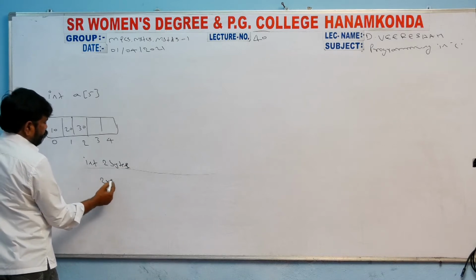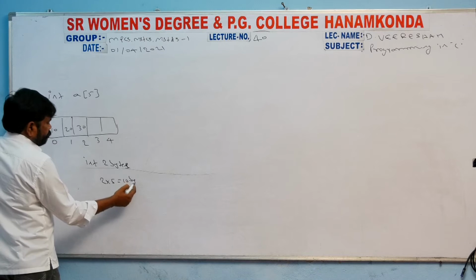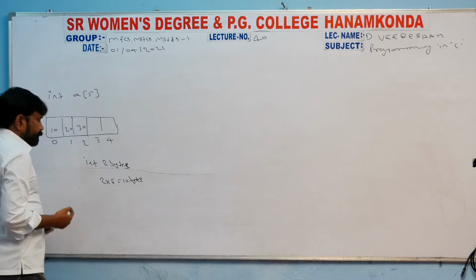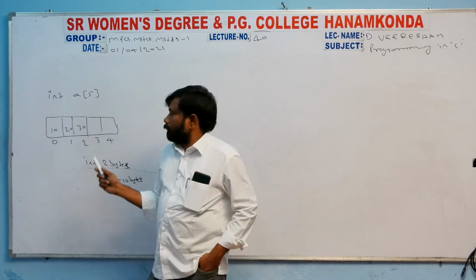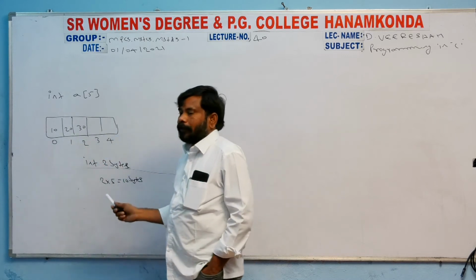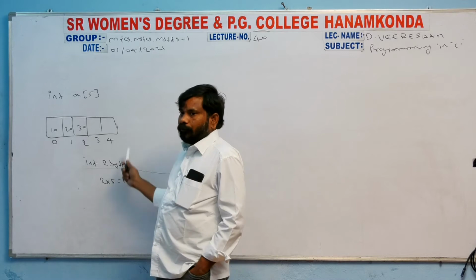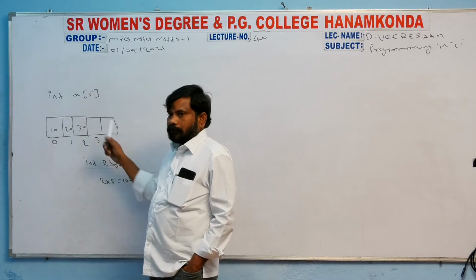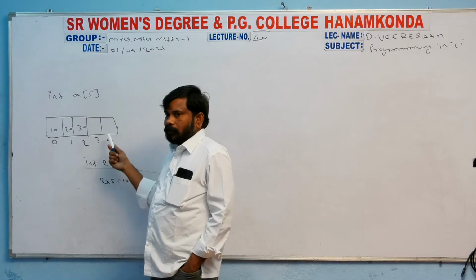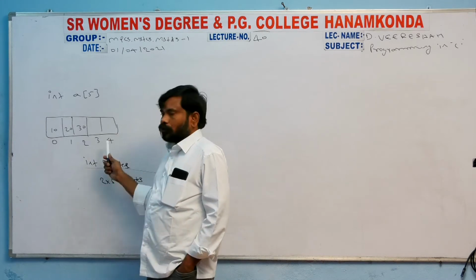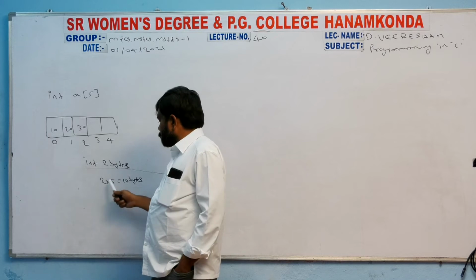Now 2 into 5 is nothing but 10 bytes. If you store a single value, it is going to occupy 10 bytes. If you store 2 values, it is going to occupy 10. Like that, if you store all the values, it takes 10 only. If you store less than that, it is also going to take 10 bytes.